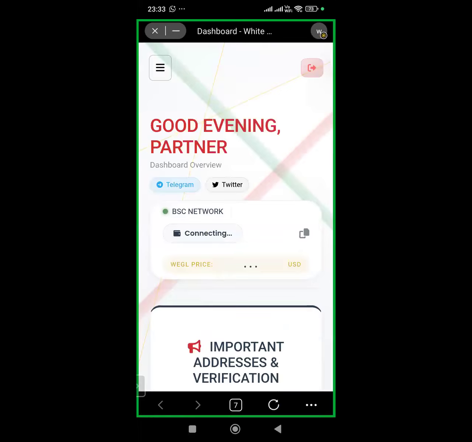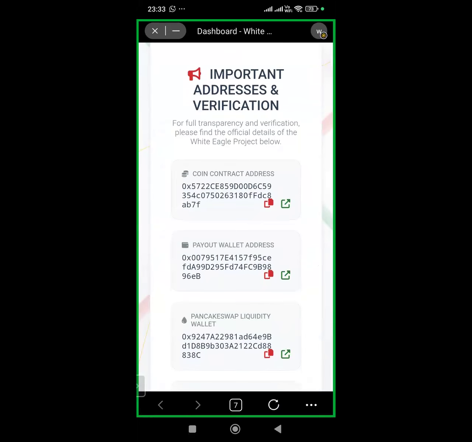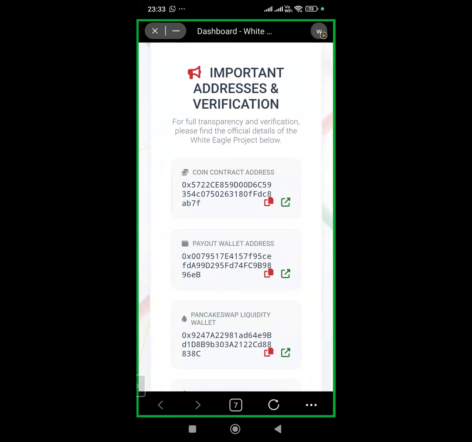It will keep working because when the developer has deployed the contract on a blockchain and renounced the ownership, it becomes a community project. Now it's my project, it's your project. We have to run this project because nobody controls the authority of this project.